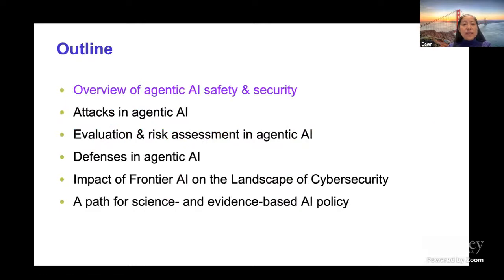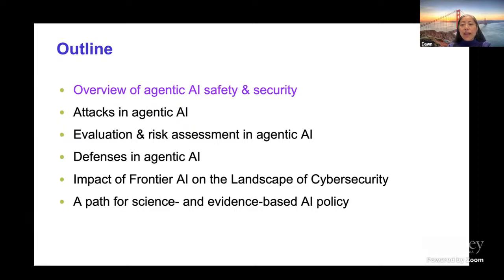So in this lecture, I will talk about, in particular, safety and security issues in agentic AI. First, I'll give an overview of agentic AI safety and security problems, the problem definition and so on. Then I will talk about different types of attacks in agentic AI, and then how we can evaluate and do risk assessment in agentic AI, and then talk about defenses in agentic AI.